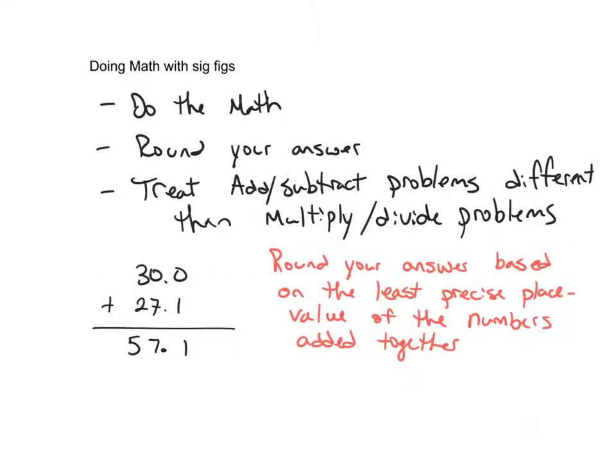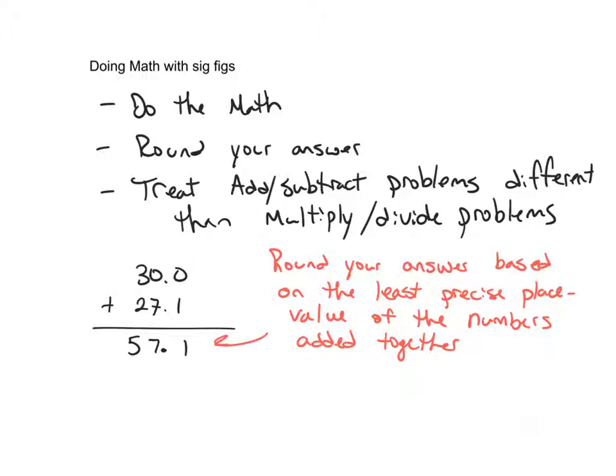The place values get more precise the further to the right you go. Precise means exact, so you're getting more exact numbers. But since both of these numbers end in the tenths place, you report your answer to the tenths place. So this one doesn't actually need to be rounded.